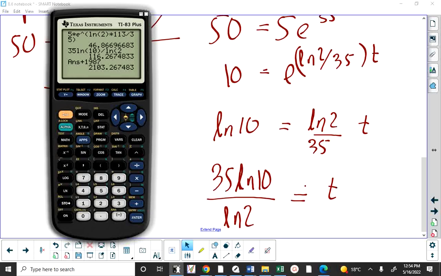Would this be the kind of question where we could justify rounding it to the year 2104? I think that's kind of what Ben was asking about the rounding. Yeah, you could. If the question said, how many complete years of population growth need to occur in order for the population to surpass 50 billion, then you would round it up to 117, regardless of how close it is to 116, because it says complete years.